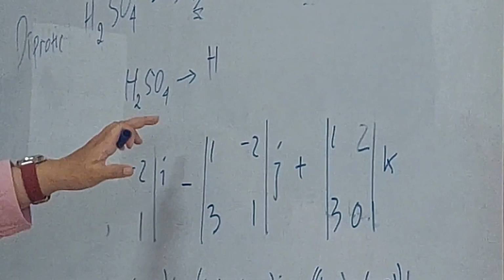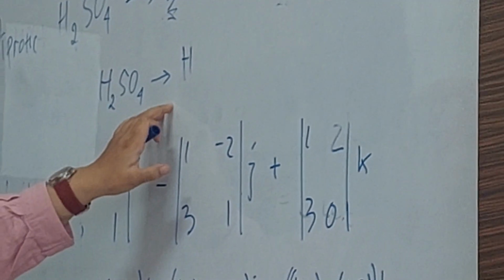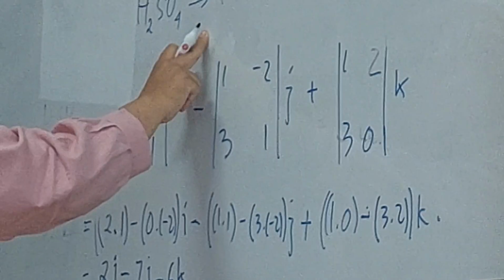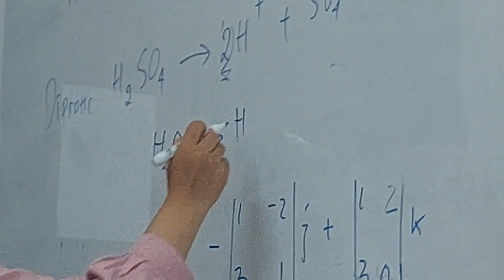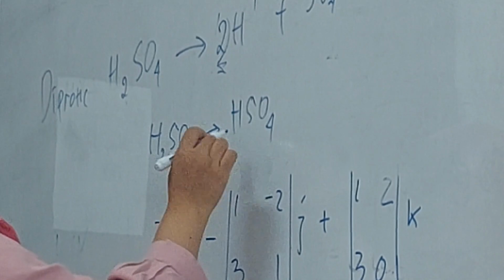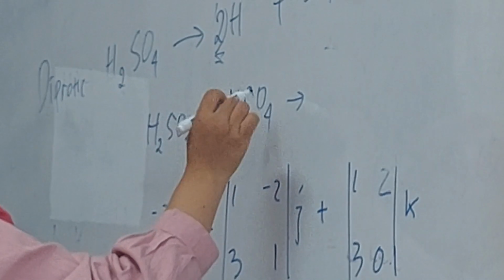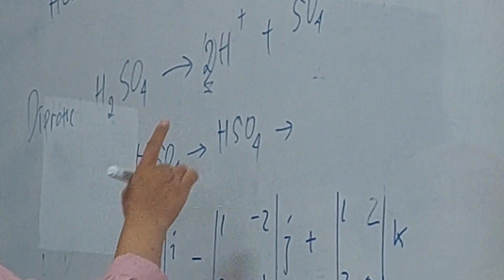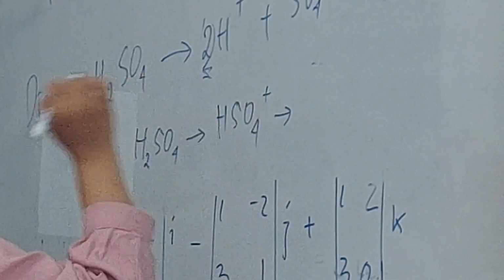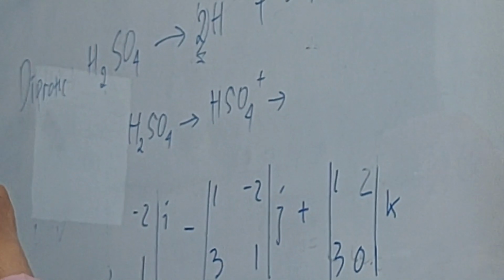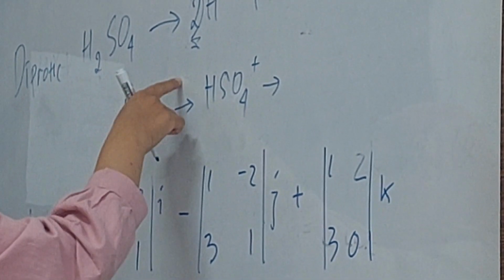So when we reduce the H, it becomes HSO4 minus.